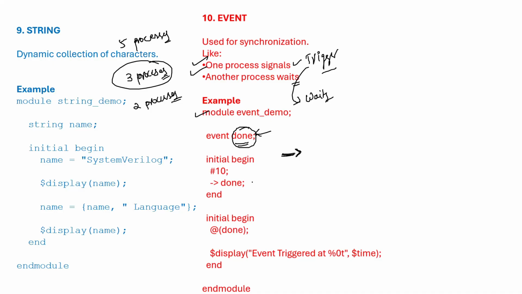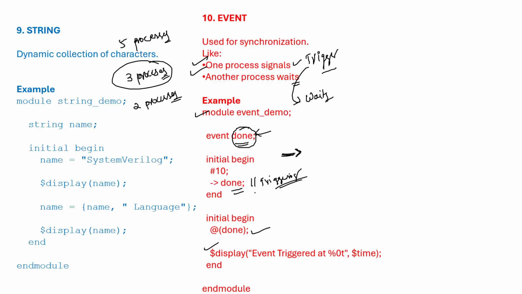This arrow symbol is used for triggering purposes. It will trigger the event, whatever event we have. My event name is done, so done is triggered here. After that, wherever the done is, that will be executing.